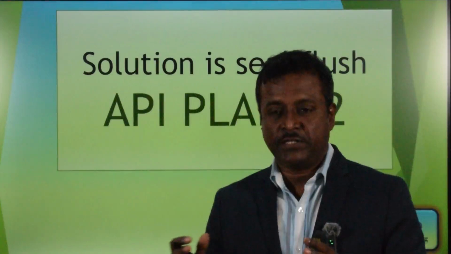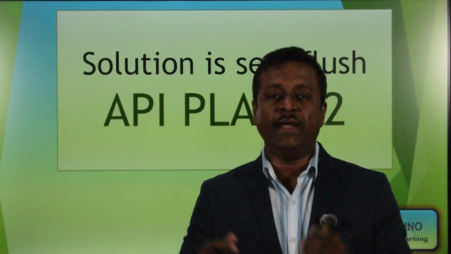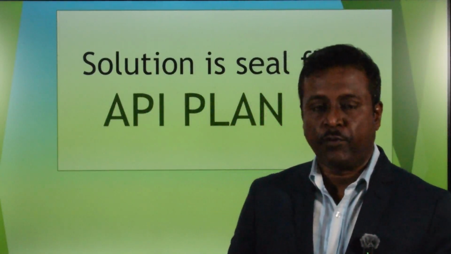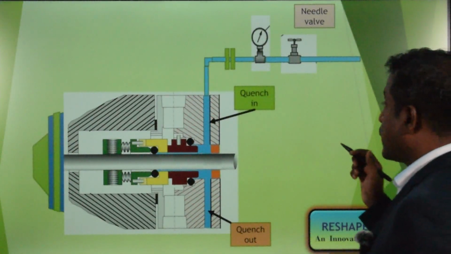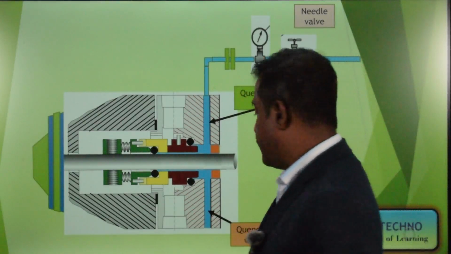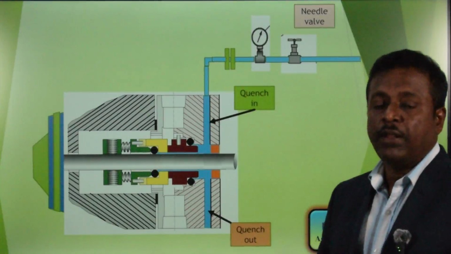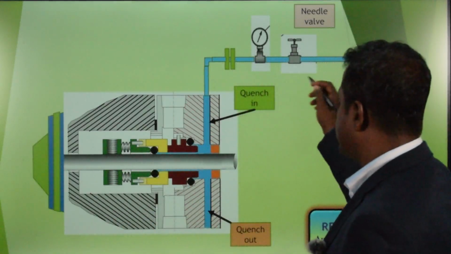So how does API 62 help to solve this problem? That is today's main discussion point. In API 62, we provide a flushing liquid. Flushing liquid may be nitrogen, DM water, or quenching steam. So we provide a quenching over there.